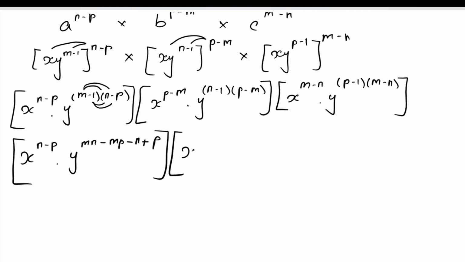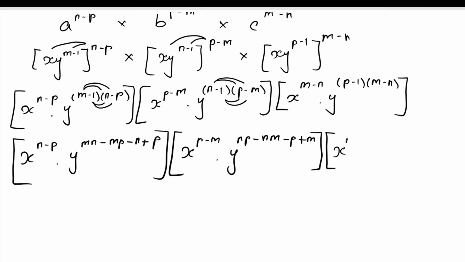Then here I'll get x to the power p minus m into y to the power, again multiplying what's inside the brackets, np minus nm minus p and plus m. Now again for the third term, this will be x to the power m minus n into y to the power pm minus np minus m plus n.